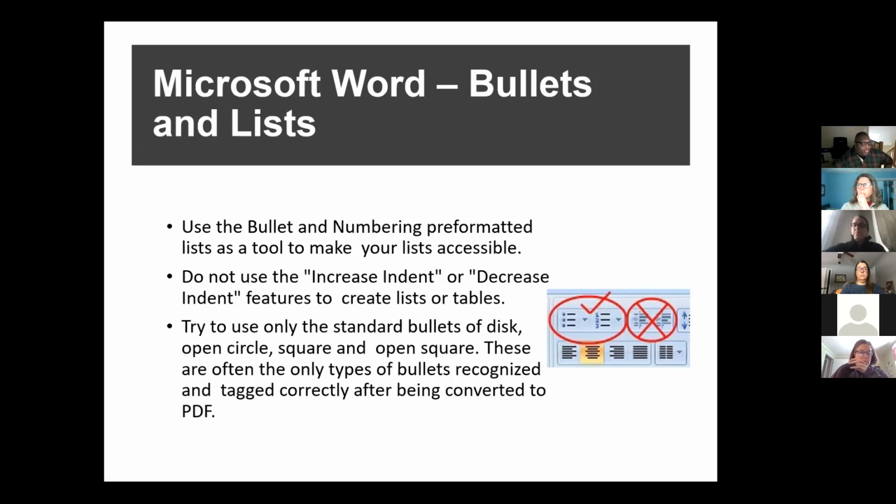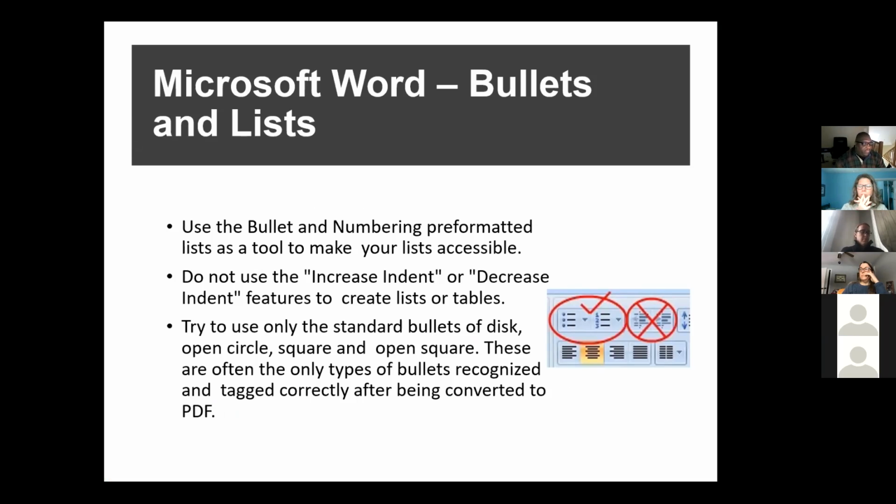Bullets and lists. This is very important, as a good best practice is to definitely use the features within Word when creating structured lists. Therefore, once you convert it over to a PDF, it's properly tagged in regards to the built-in conversion feature, which I'll explain a little bit down the road, that will help properly tag your document once converted.